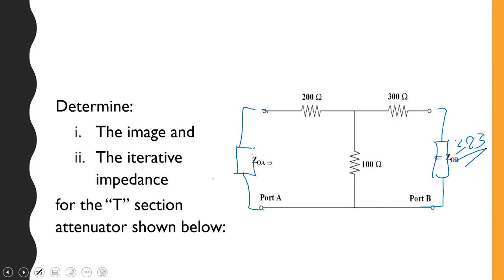I want you to connect 287 at A and look into B, and tell me what you get. The same thing.